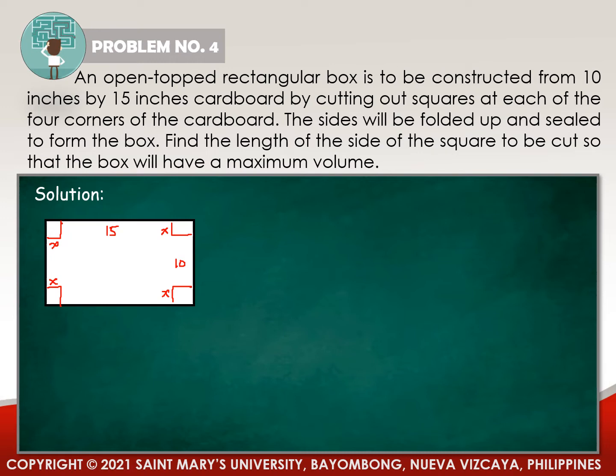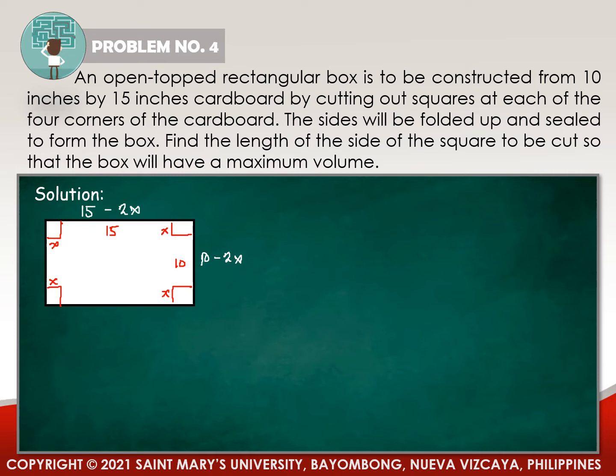Okay, so since we cut x and x sa left and right corner ng rectangle, may madededuct sa length niya na 2x. So, magiging 15 minus 2x na lang yung kanyang magiging length ng box. Dito naman, syempre, 10 minus 2x kasi x plus x din yung nadeduct sa width niya.